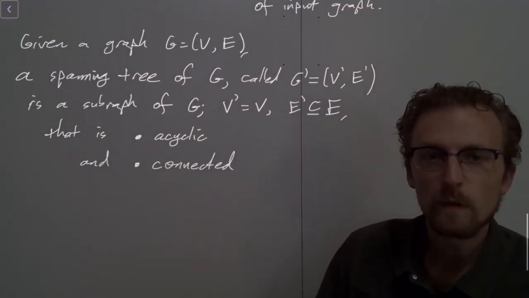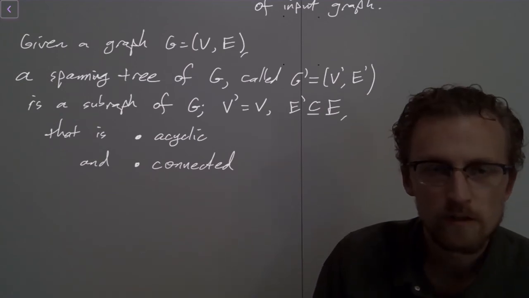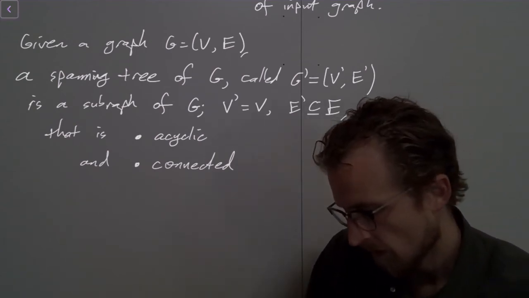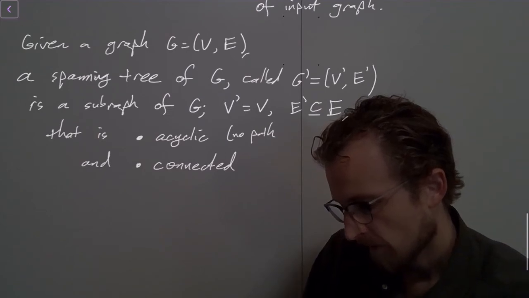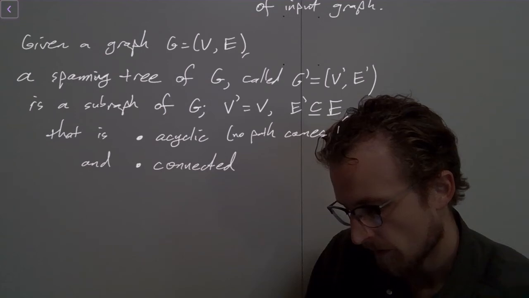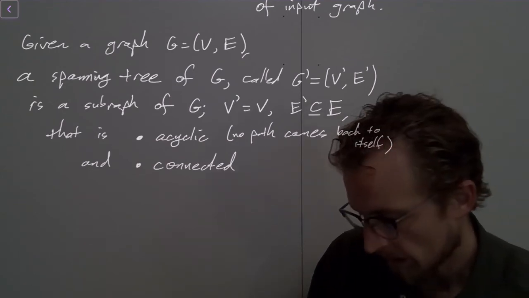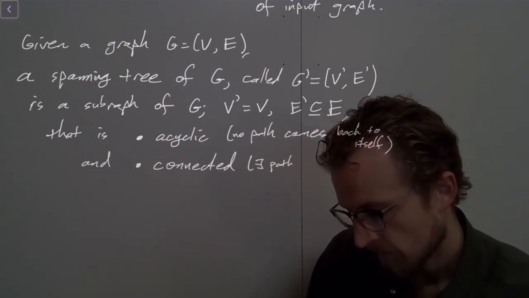It means that between any pair of nodes, I can get from one node to the other node, right? That there is a path connecting every pair of nodes. So no path comes back to itself. This is a little bit informal, but that's what acyclic means, and connected means that there exists a path between every pair of nodes.